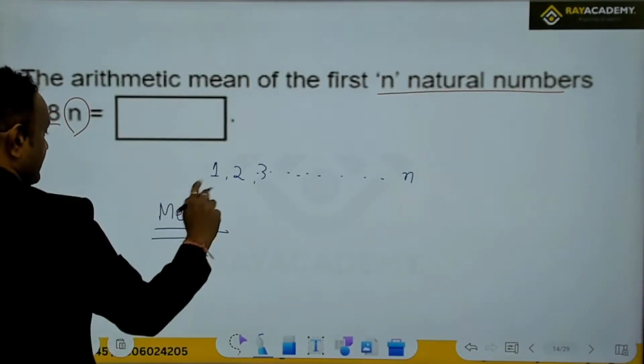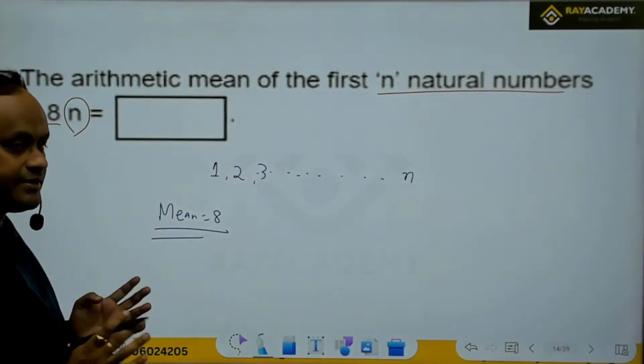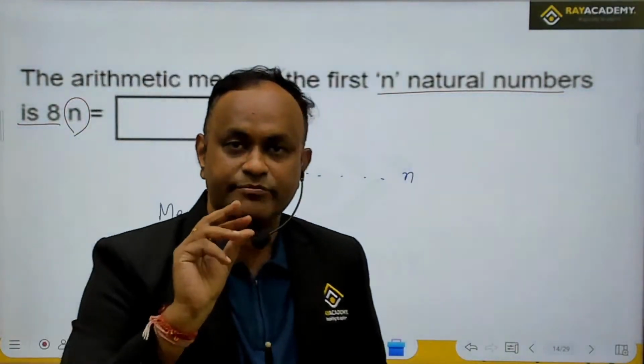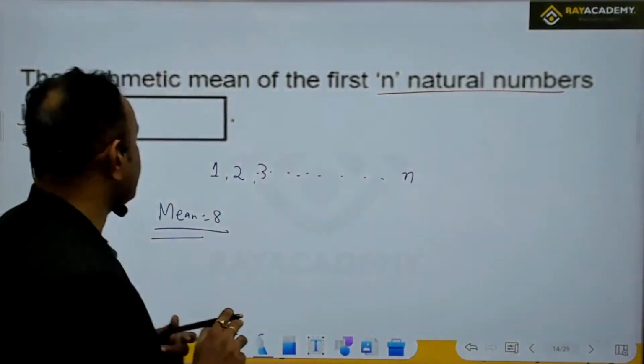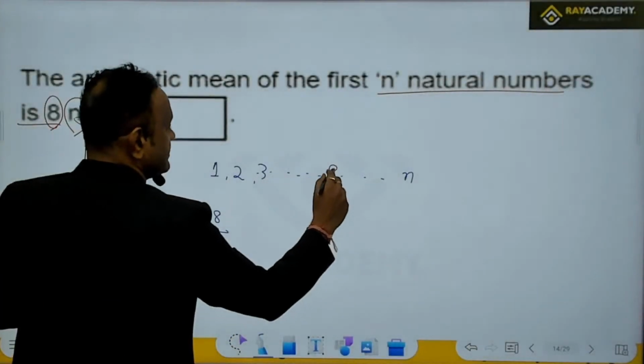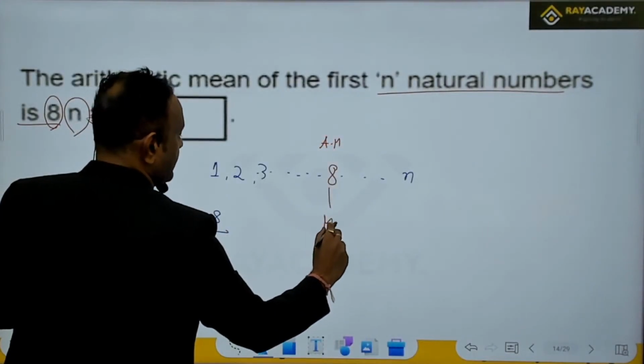If the numbers are in arithmetic progression, 1, 2, 3, 4, 5, 6, 7, 8, 9, then the arithmetic mean will be the middle number. The arithmetic mean they have given is 8, so 8 is the middle number.